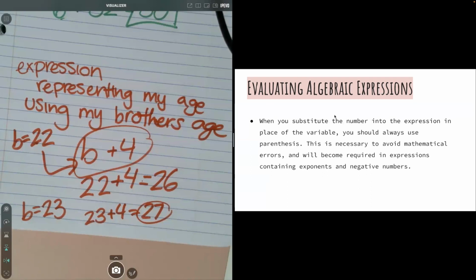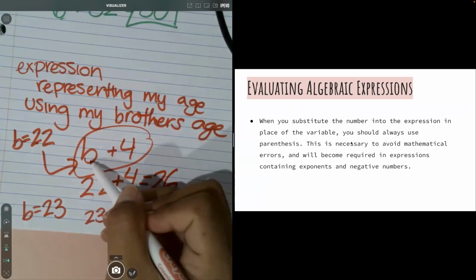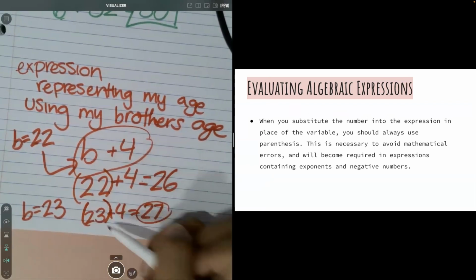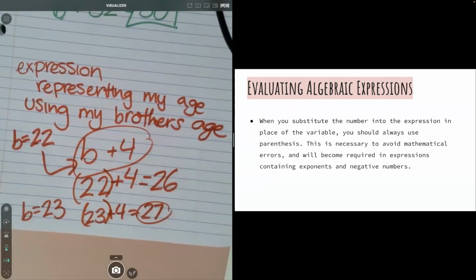When you substitute the number into an expression in place of the variable, you should always use parentheses. So for example, here, whenever I plug in a number for b, I should use parentheses around it. That helps a lot when we are going to use numbers with exponents and negative signs, just to keep everything in order and so you don't lose anything.